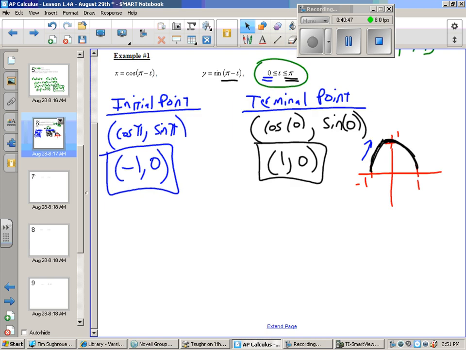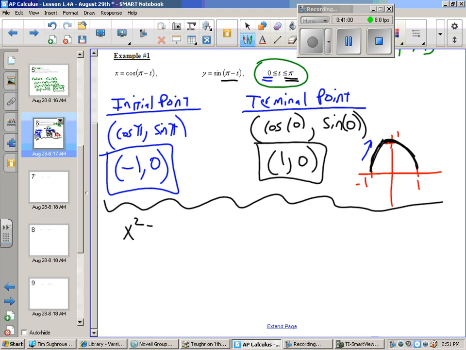Here's how it works. If it's sine and cosine, you always start by squaring both sides. So x squared is going to be cosine squared of pi minus t. Likewise, y squared is going to be sine squared of pi minus t.